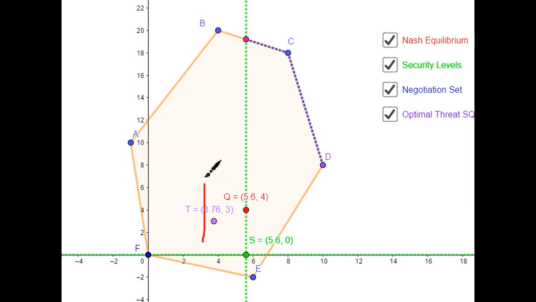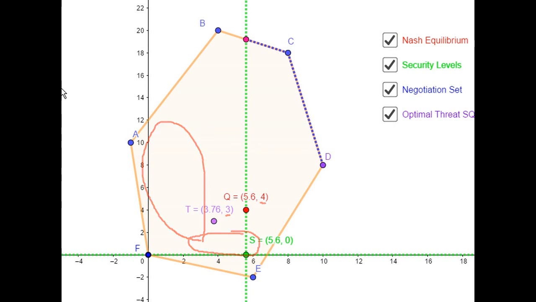Rose doesn't want to be back in this area of the payoff polygon. And Colin doesn't want to be down here, but look, his security level is down there. He's already down there. So Rose doesn't have nearly as much opportunity to threaten Colin, and she's only reduced his payoff by 1, whereas he's reduced hers by almost 2. So he has a bigger ability to threaten.